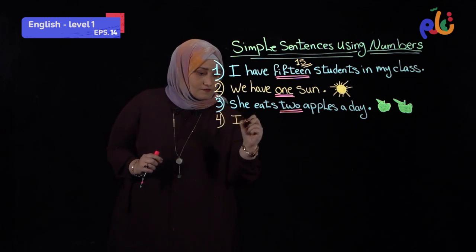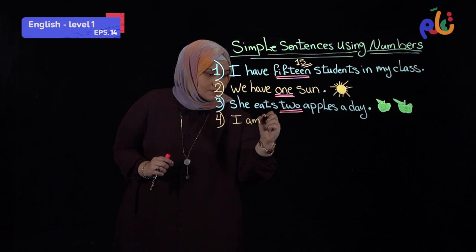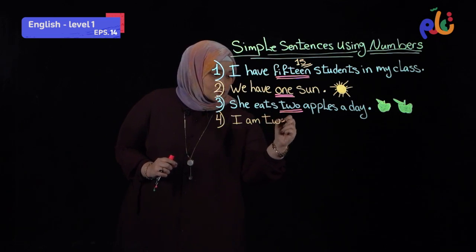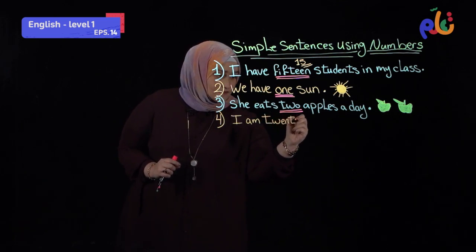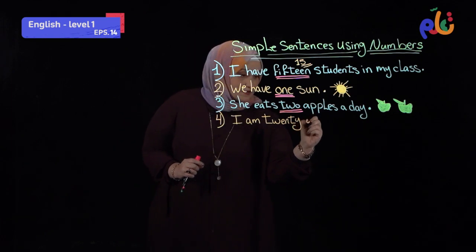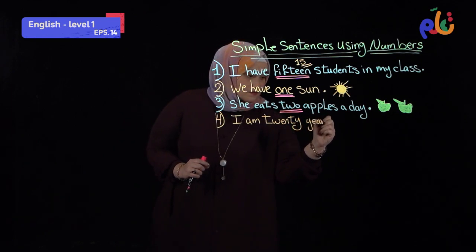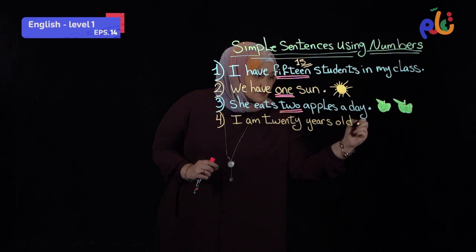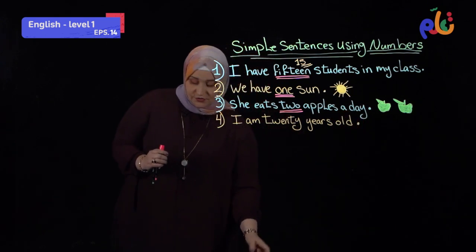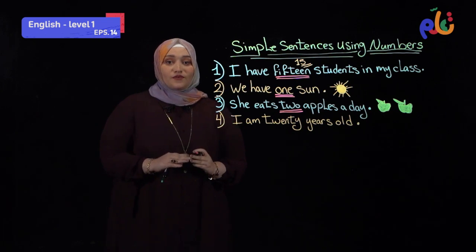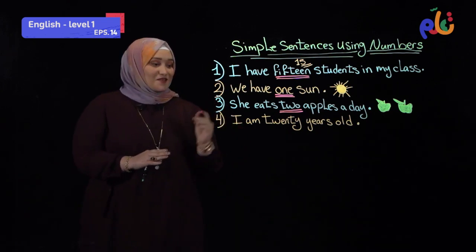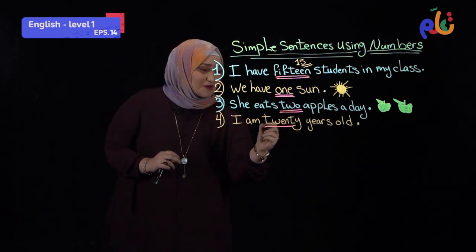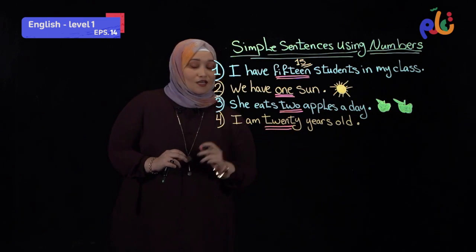Okay, let's try another sentence. I am twenty years old. I am twenty years old. Now, where is the number that we used in this sentence? Perfect. We used number twenty.